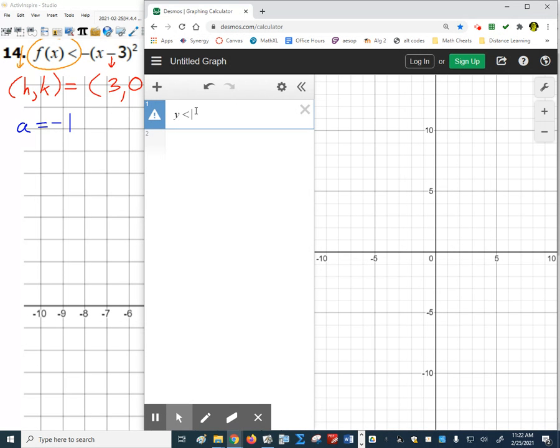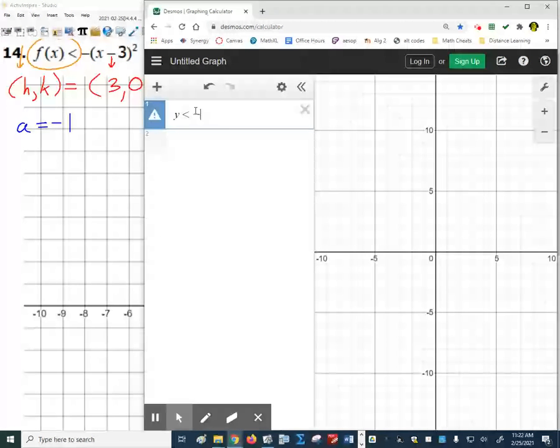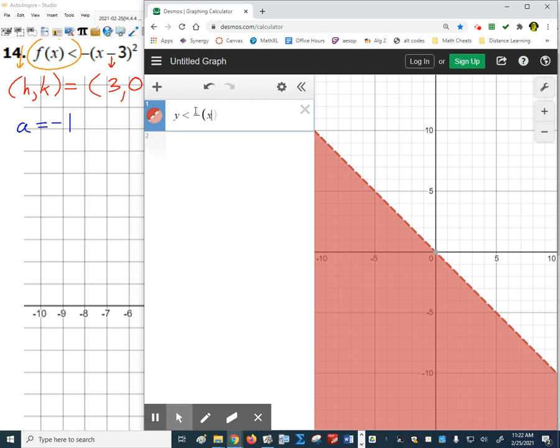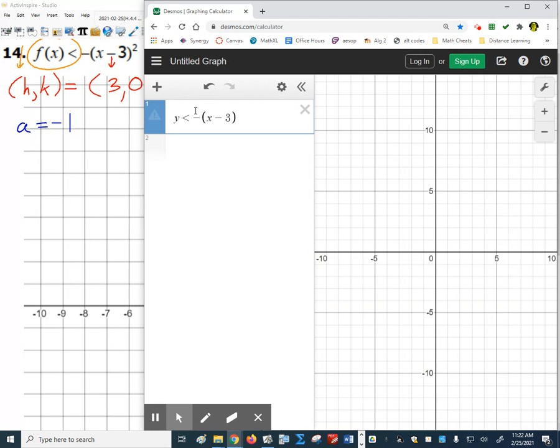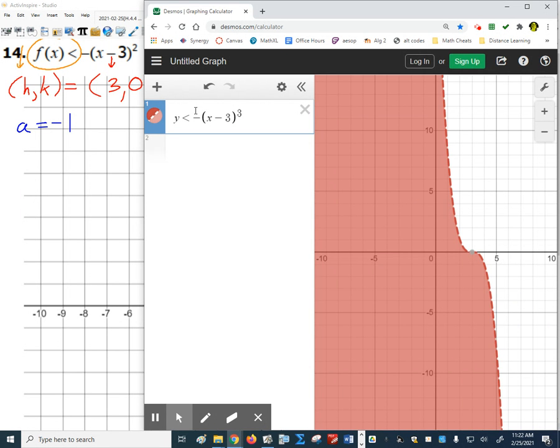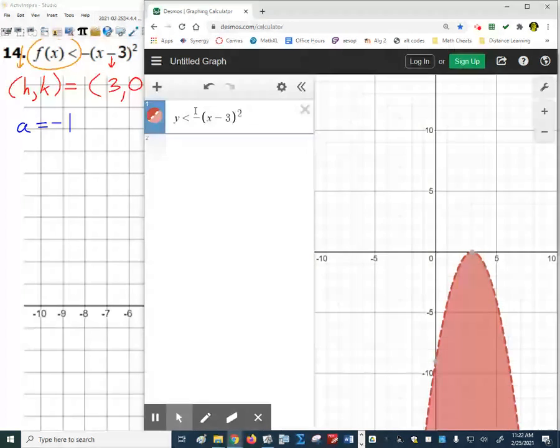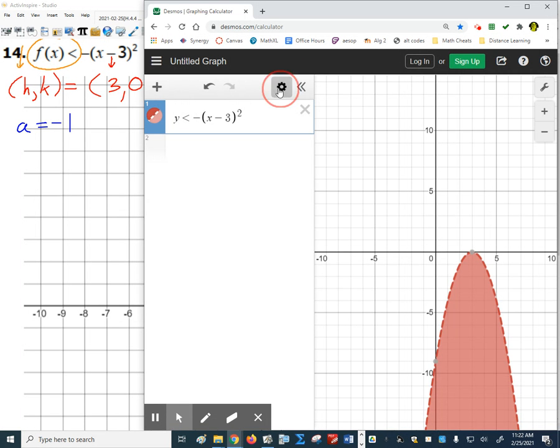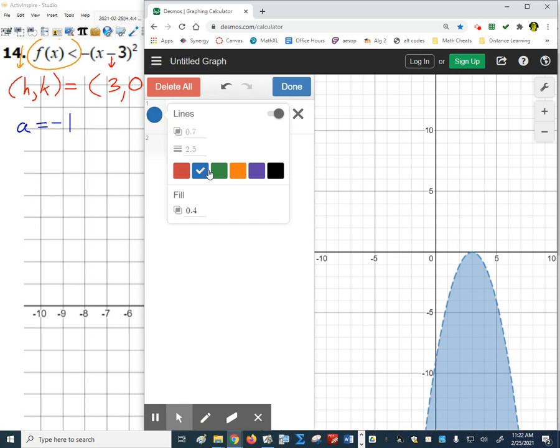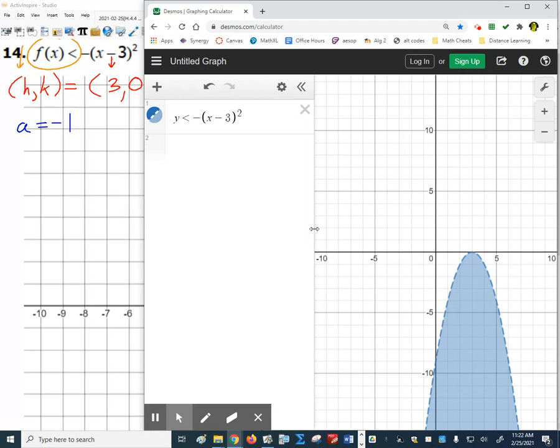So y is less than, but I can use y, same as f of x. Y is less than negative the quantity x minus 3 quantity squared. Oops, squared. Okay, and so it matches our picture. Let's make that blue, how about?